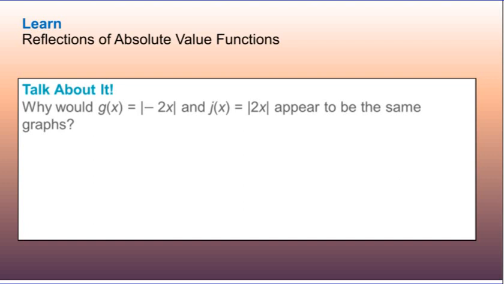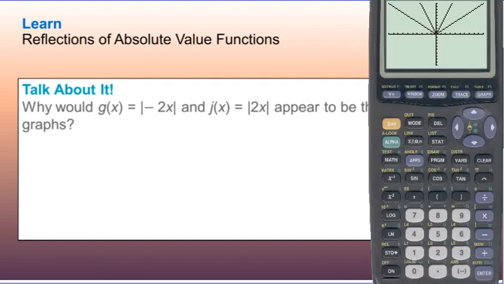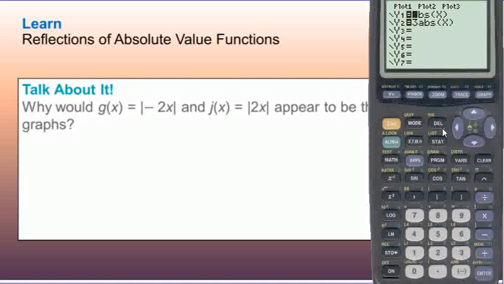They would look very similar. So if we go back to this one, I put a negative 2x here, and the other one, I just did 2x, and then graph it.